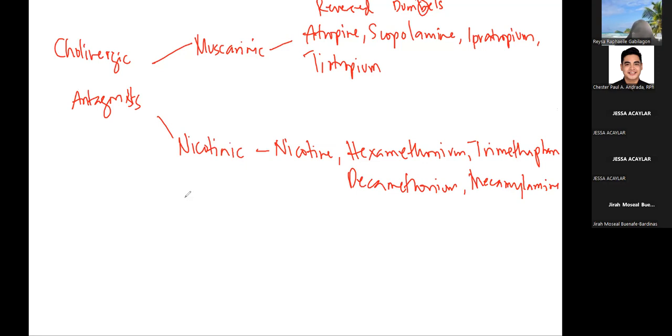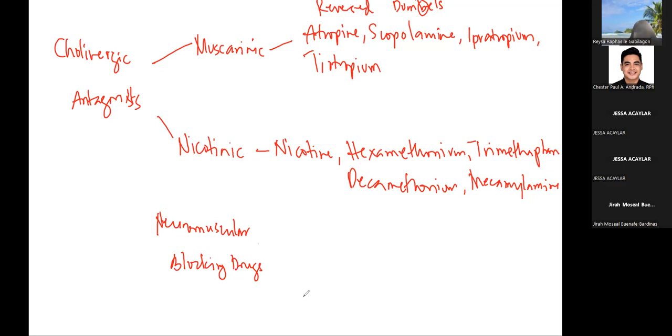Still under the nicotinic receptor, but this time our neuromuscular blocking drugs. Their action is still on the nicotinic receptor. But we have two types of nicotinic receptor, the NN and the NM.